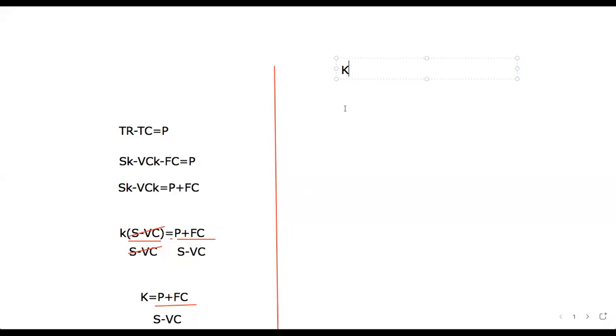So in units, it's equal to P plus FC all over contribution.